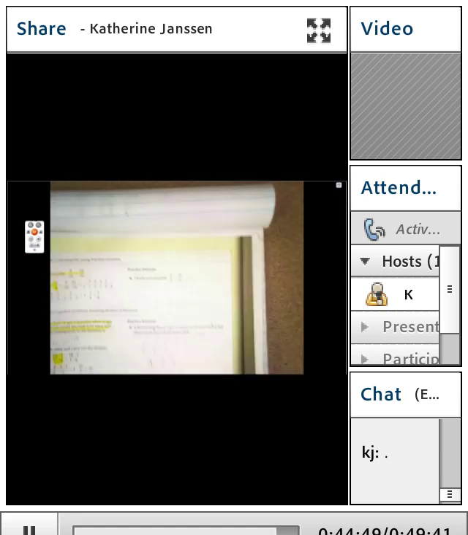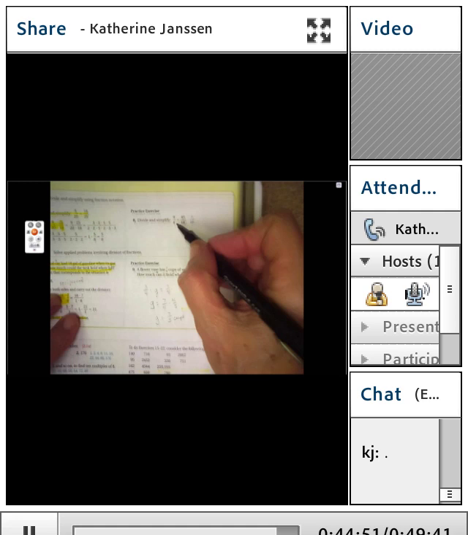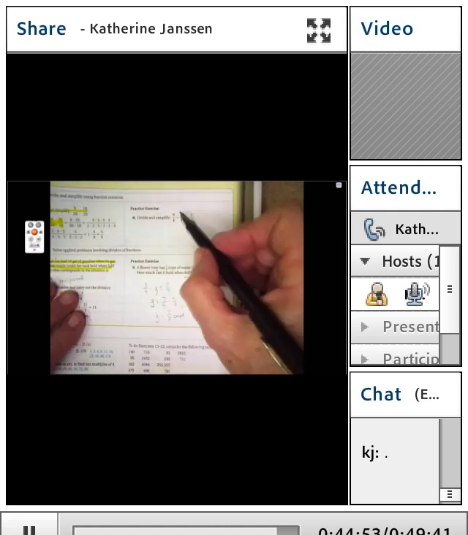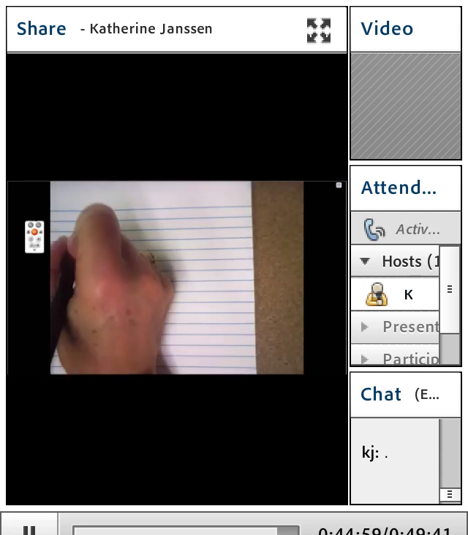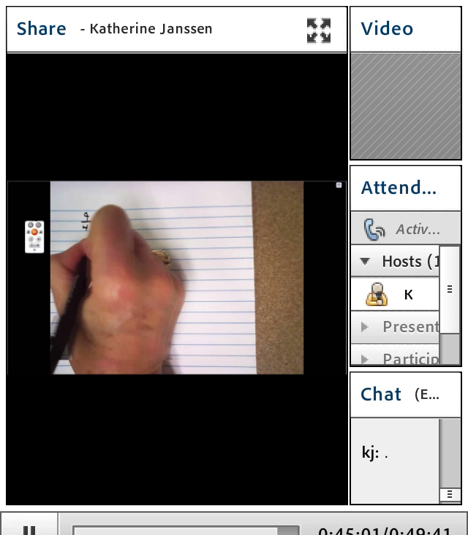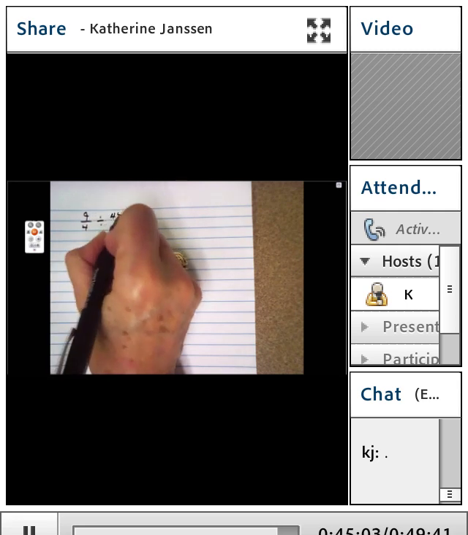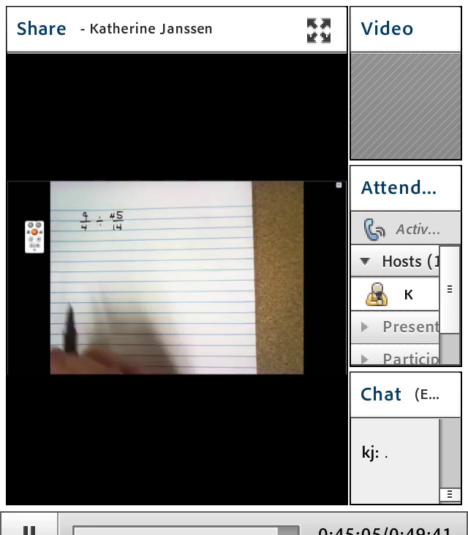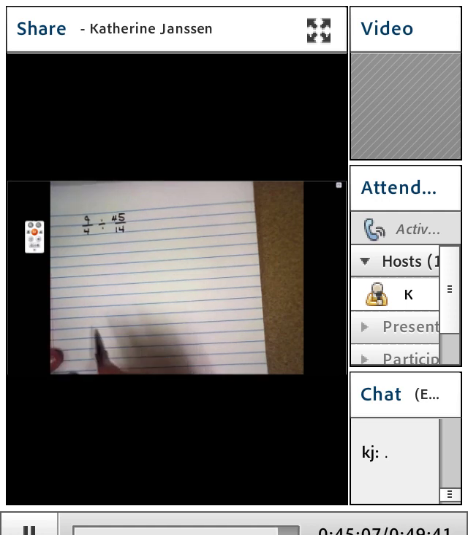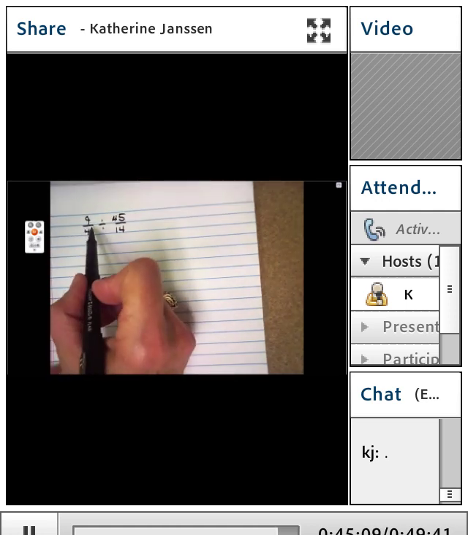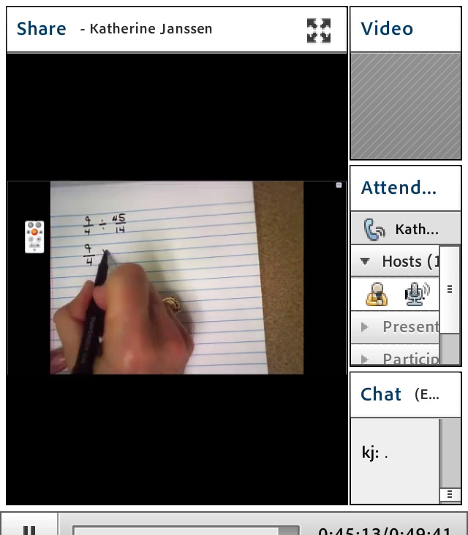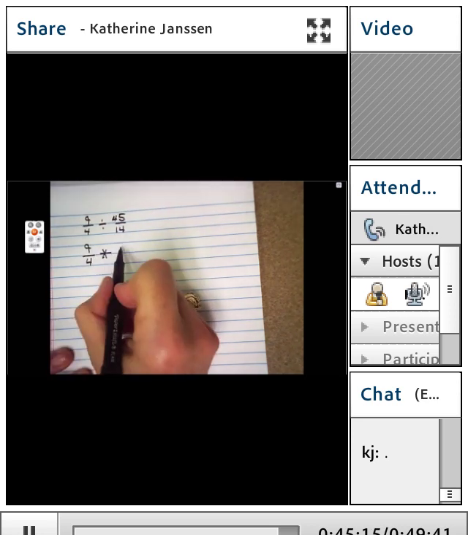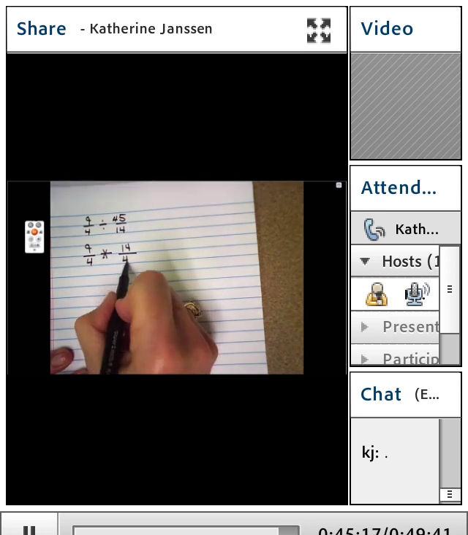We're asked to multiply and simplify, or divide and simplify, I'm sorry. 9/4 divided by 45/14. We remember that in division of fractions, we change division to multiplication and multiply by the reciprocal of the divisor.